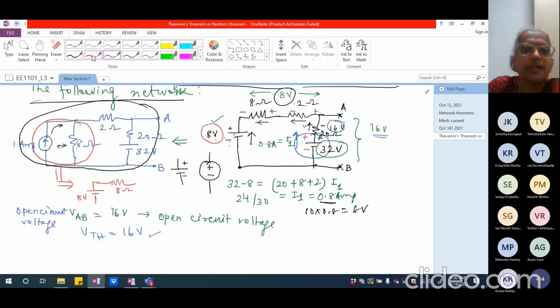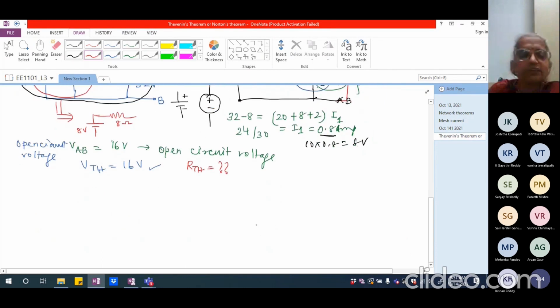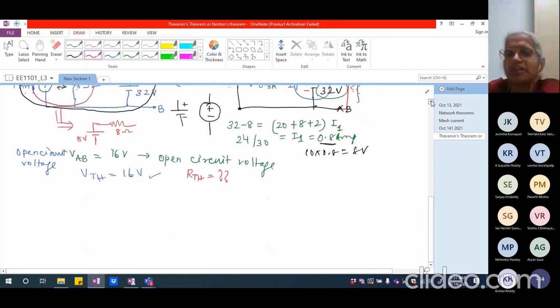The next one that I need to do is I have to get what is RTH. I have to short circuit this A and B terminal and find out how much is the current through this terminal. Okay, so how do I find the current through this terminal? That is the question next.